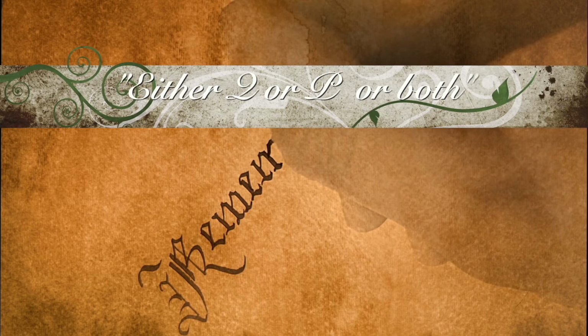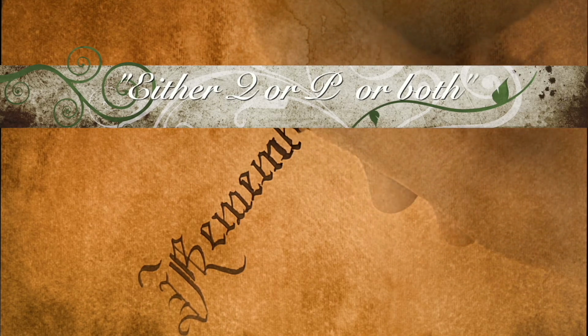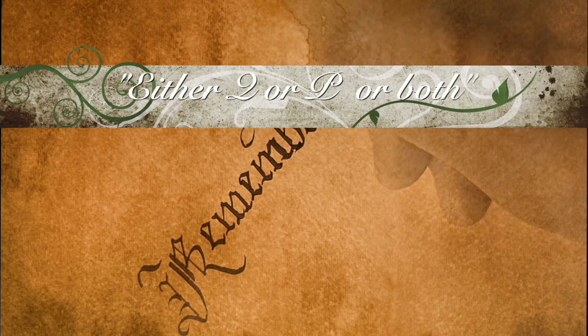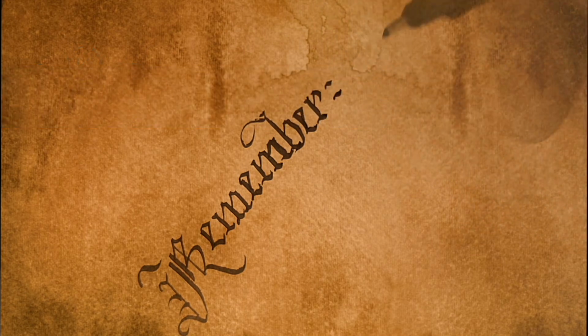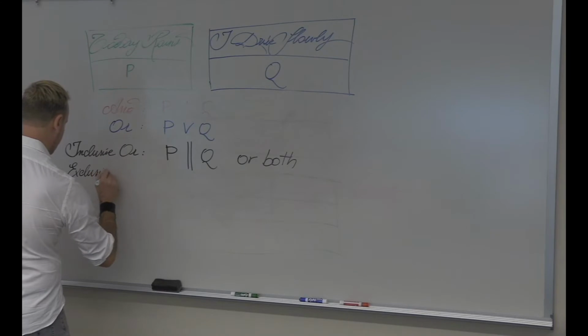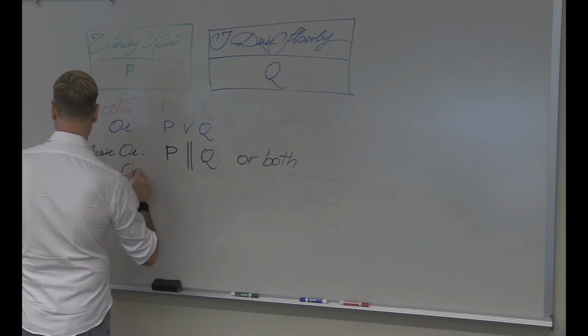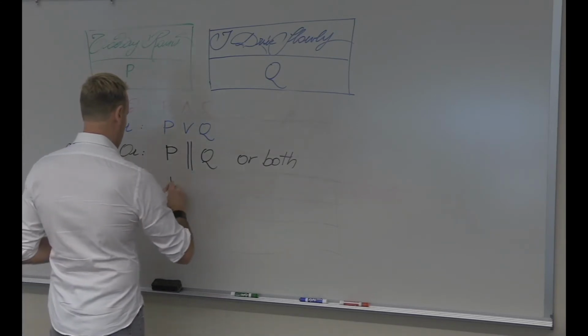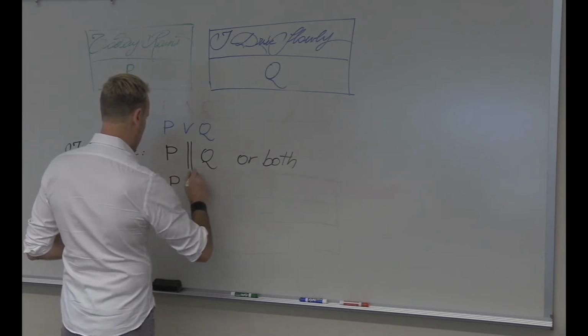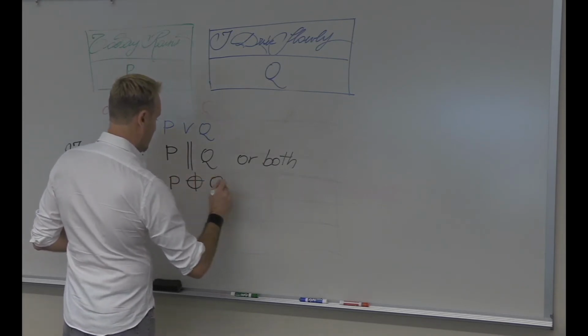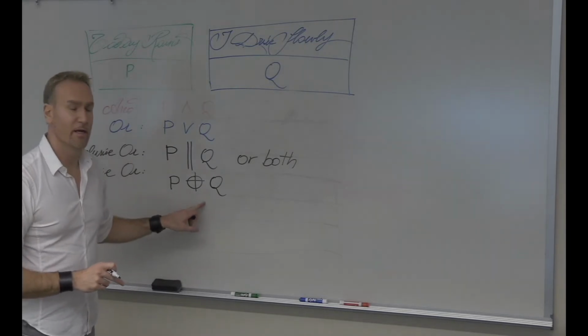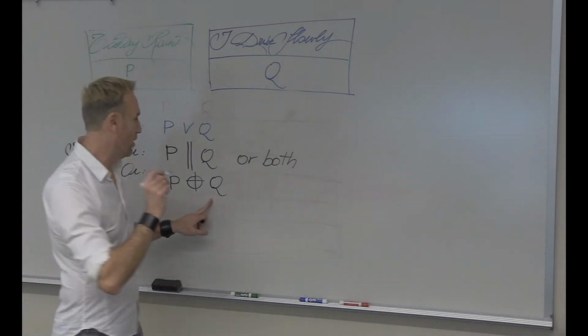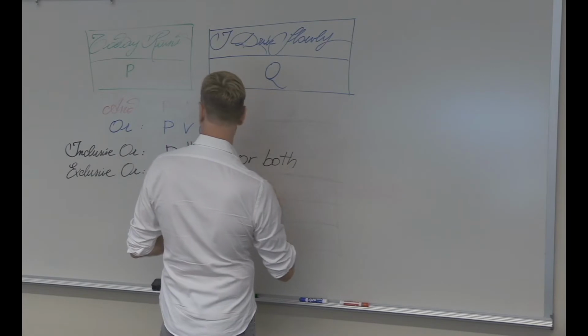So either P or Q or both. So that's the difference, okay? To be more specific. How about the exclusive or? The exclusive or represents an exclusion, so either P or Q, but not both. I'll just do it this way, okay?